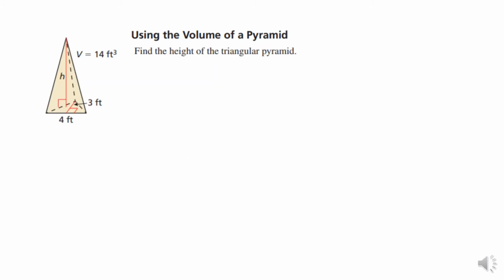Okay. All right, so using the volume of a pyramid, find the height. So this one, they gave us the volume, and so we know that volume equals 1/3 big B H. So this time, we're looking for the height. They gave us the volume as 14. Oh, but we have to calculate that big B. So the big B is 1/2 times the base times the height of the triangle, this height.